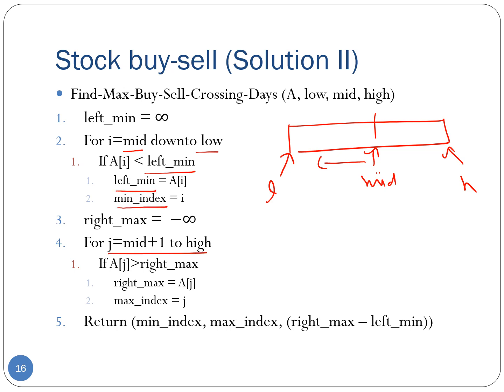Similarly, on the right half, it goes from mid all the way to high, keeping track of the maximum value as well as its index. In the end, it simply returns the index of the minimum value in the left half, the index of the maximum value in the right half, and then the profit, the right max minus the left min. That's it. It's a very straightforward algorithm.